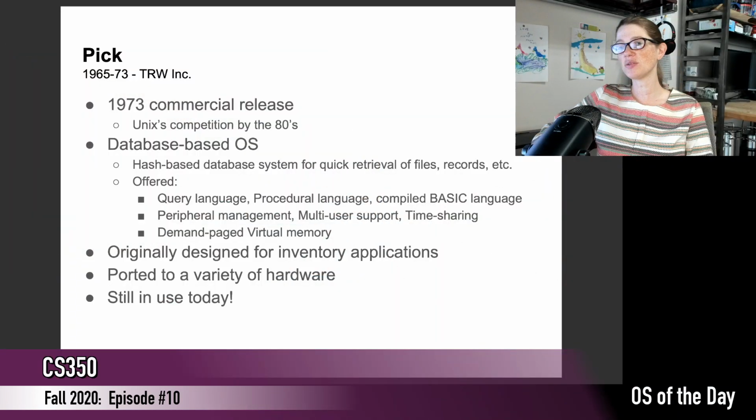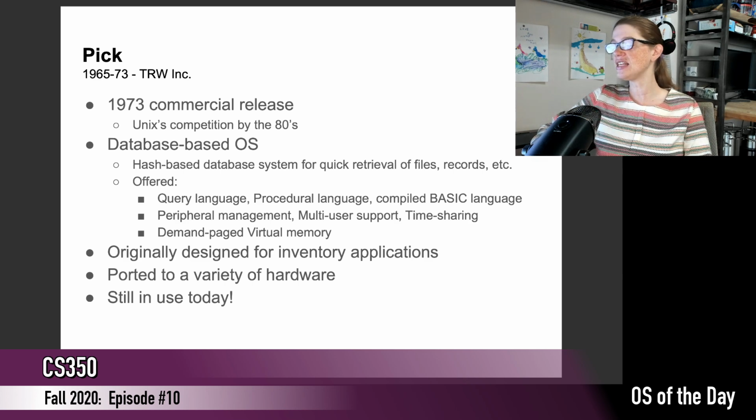Now, today's OS is one that I don't actually anticipate many, if any, of you have heard of, despite the fact that it's been around for quite some time and it still technically exists. It's called PICK. PICK was released commercially in 1973, but was available by other means from about 1965 on.